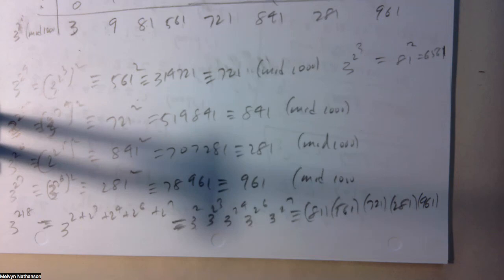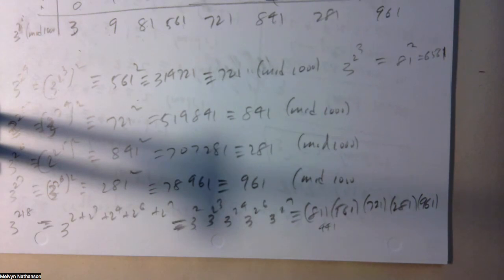You might get a number which is actually too big for my calculator. It wouldn't be too big for my computer. Let me do this a little bit more carefully. Suppose I take 81 times 561 and I get something which modulo 1000 is 441. Then I multiply that by 721.